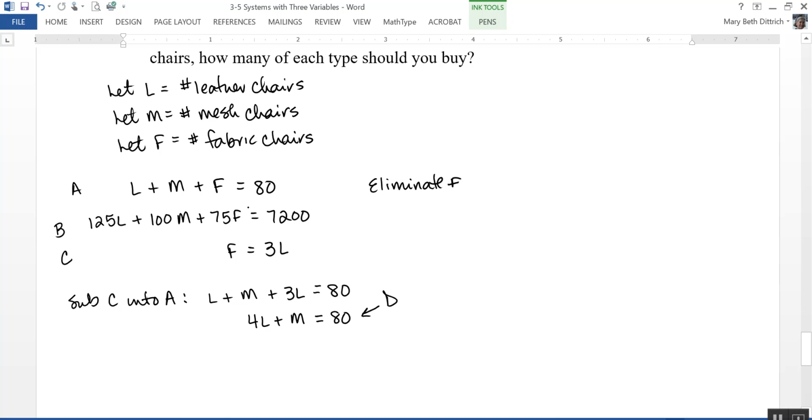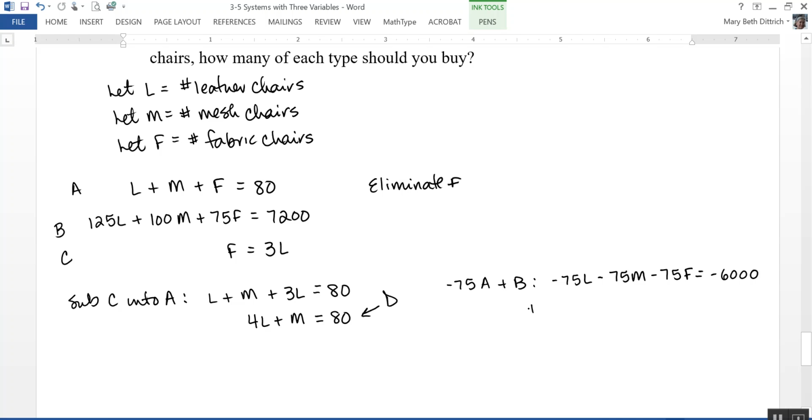Now let's use A and B to eliminate F. So I think what I'm going to do next is I'm going to multiply A times negative 75, and I'm going to add that to B. So if I multiply A times a negative 75, I'll be eliminating my F's right here. So that's going to give me negative 75L minus 75M minus 75F is equal to negative 6,000. Negative 75 times 80.